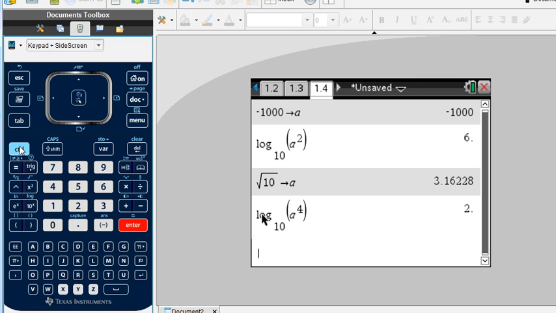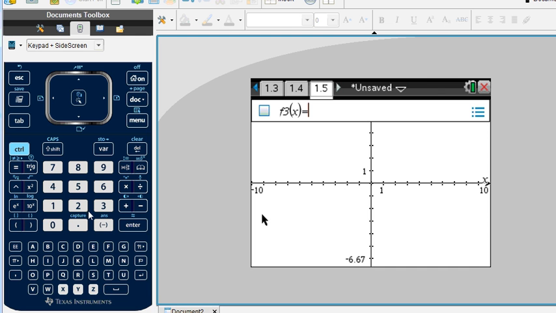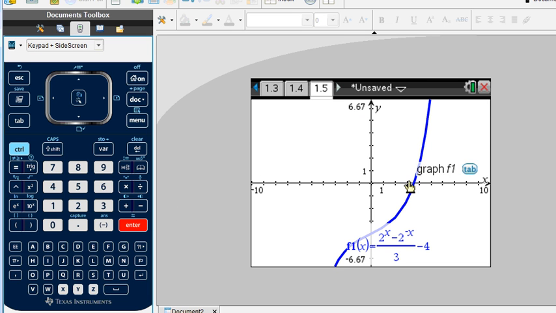So now I'm going to press Control I and add graph. I placed this function earlier in the calculator, so we have 2 to the power of x minus 2 to the power of negative x over 3 minus 4. We press that, and we see a solution between x equals 3 and x equals 4.